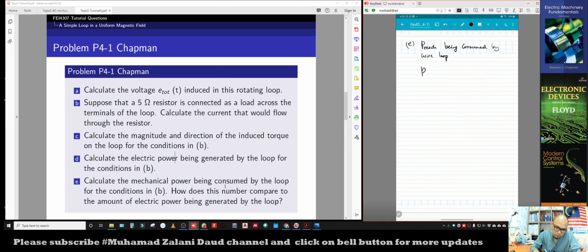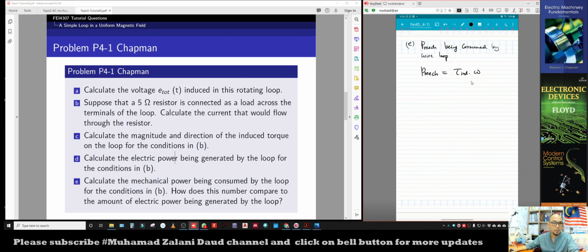Okay, so we can just calculate using P equals tau omega. Even though we didn't see this equation in our discussion on topic 3, in the beginning of the lecture, in topic 1 introduction, we already discussed that mechanical power is equal to tau omega, right?